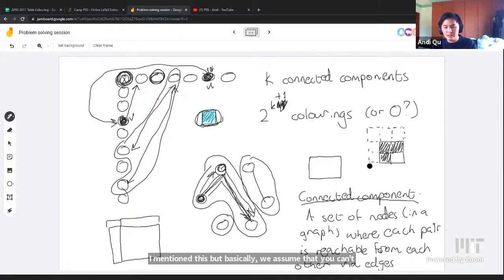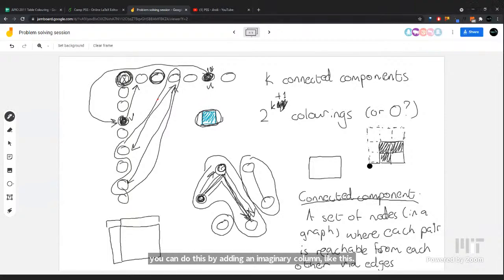And you can do this by adding an imaginary row and column like this. And the result is still the same, right? Yeah. So in this case also, in this 3 cross 3 grid, isn't the answer 2?